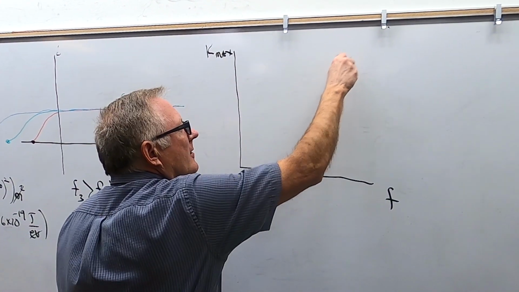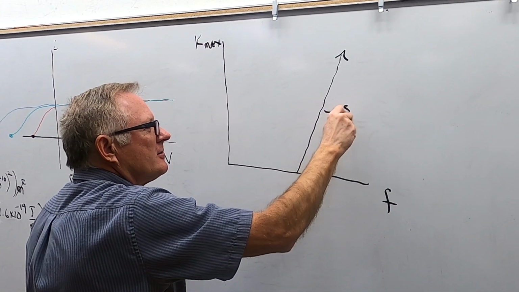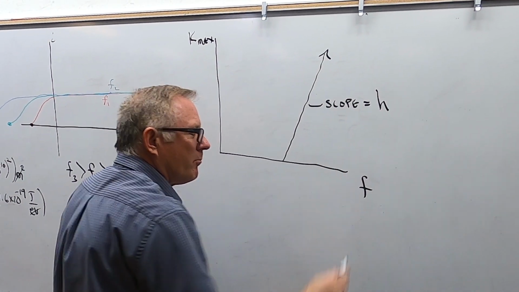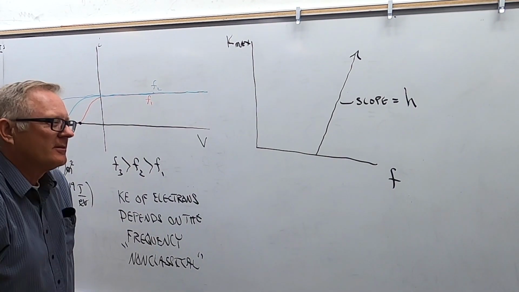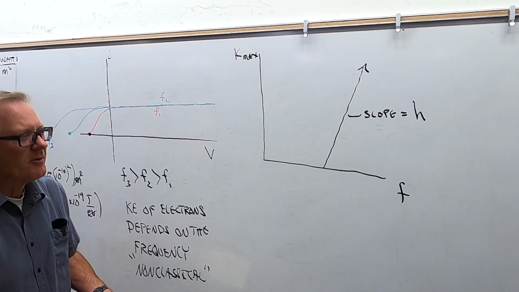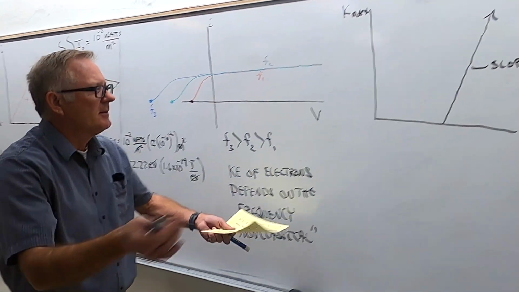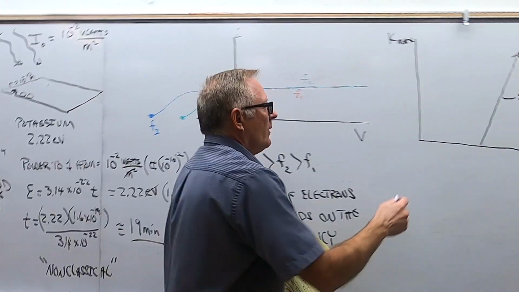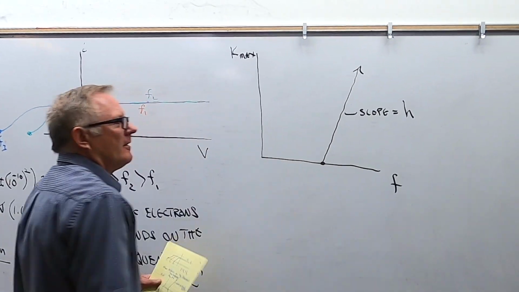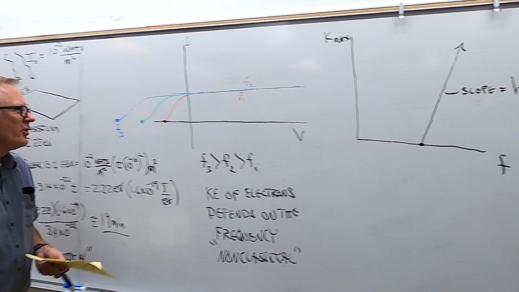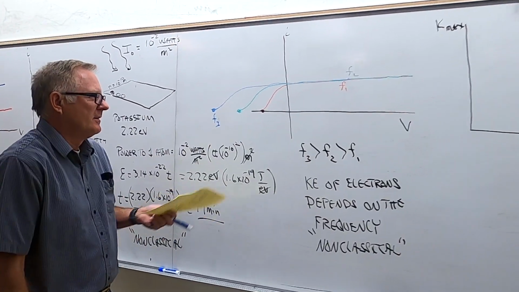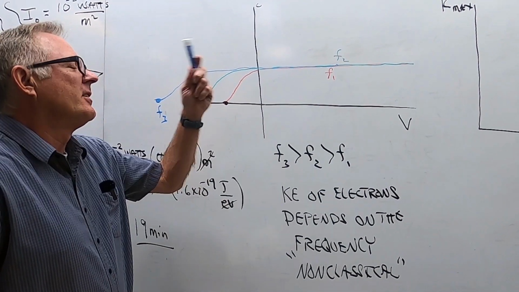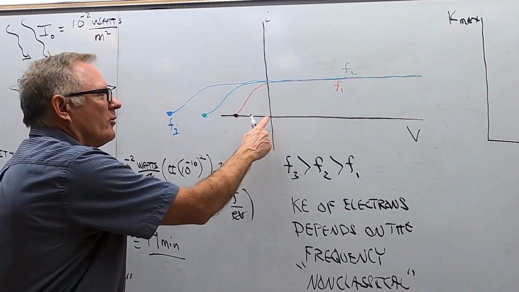And the slope of this line is actually equal to h, the same h, Planck's constant, that we got for the black body. What the heck does this have to do with the black body spectrum? We might also ask, what is this point right there? Well, if you turn down the frequency enough, then even at 0 volts, you won't get any.